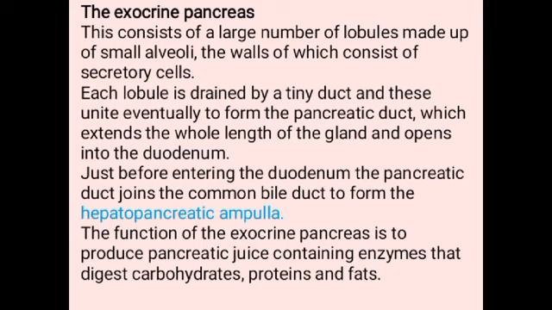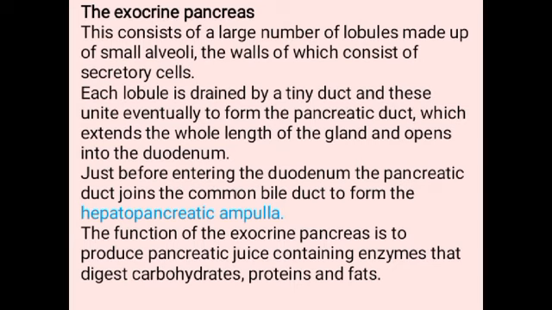Just before entering the duodenum, the pancreatic duct joins with the common bile duct to form what we call the hepatopancreatic ampulla. Keep in mind this relationship between the bile duct and the pancreatic duct, because it is going to help us as we go further.